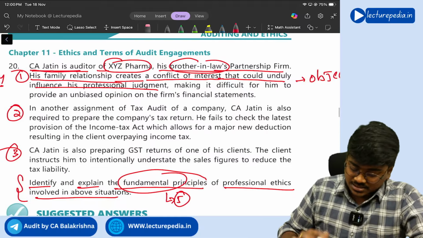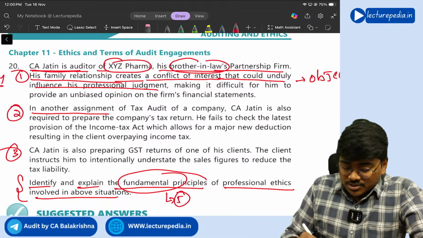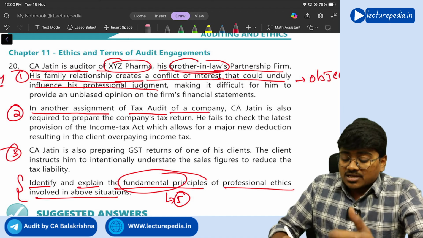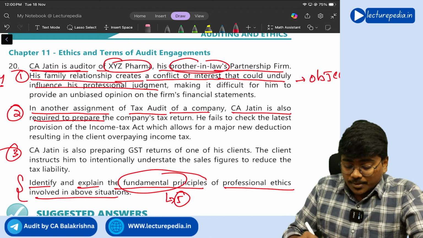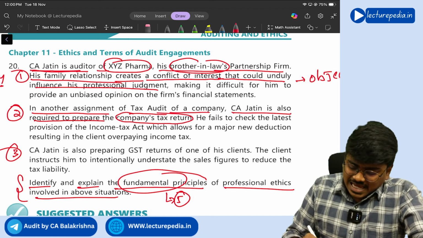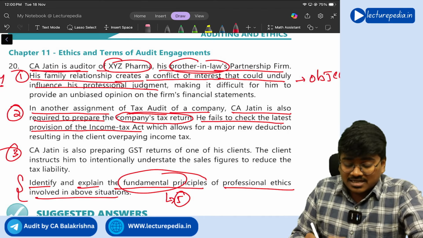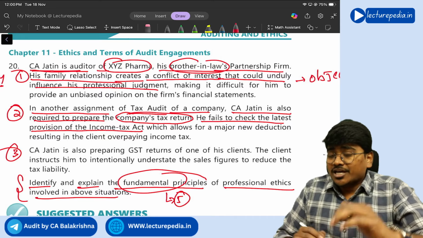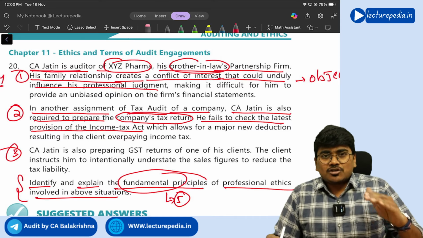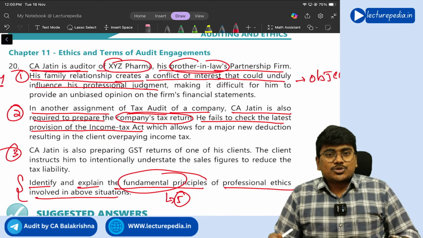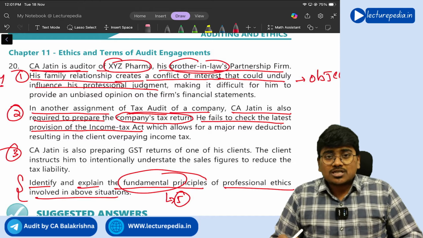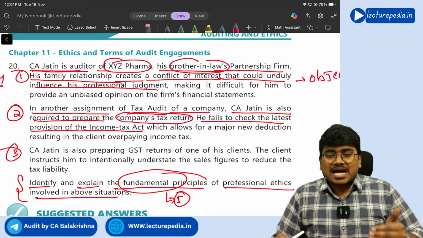Okay, next. In another assignment of tax audit of company, CA Jatin is also required to prepare company's tax return. He fails to check the latest provision of Income Tax Act. So he should have complete knowledge of laws and regulations. He should have complete knowledge about how to do the work that he has accepted.